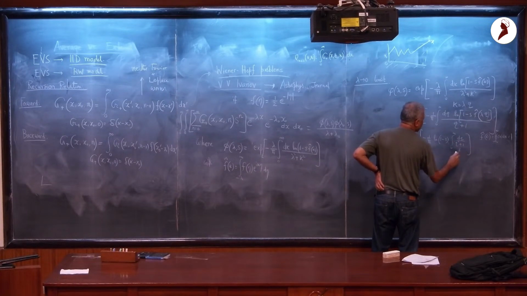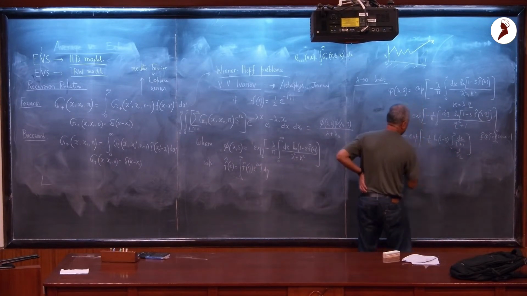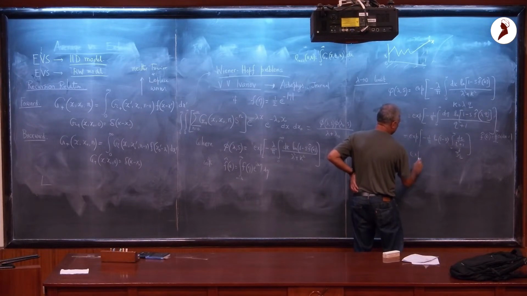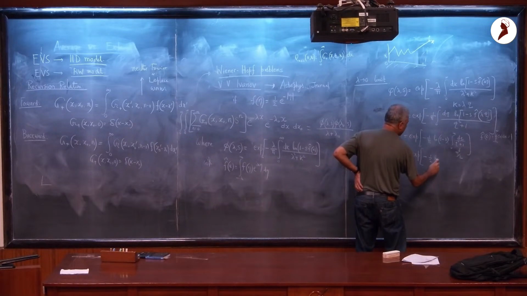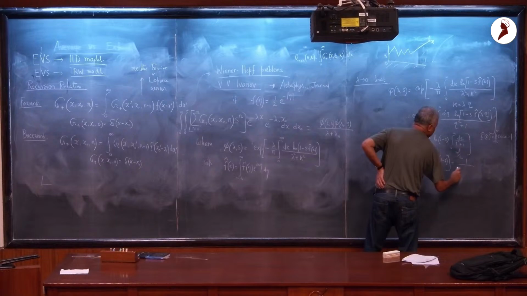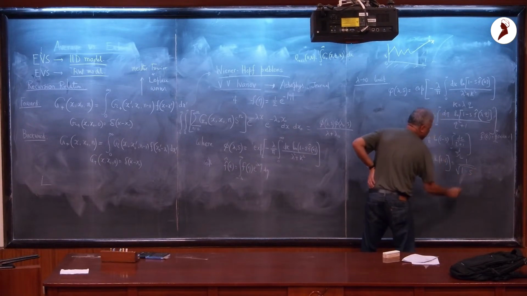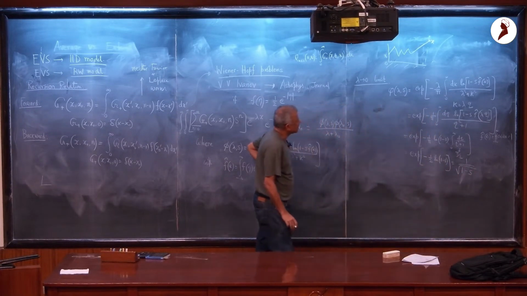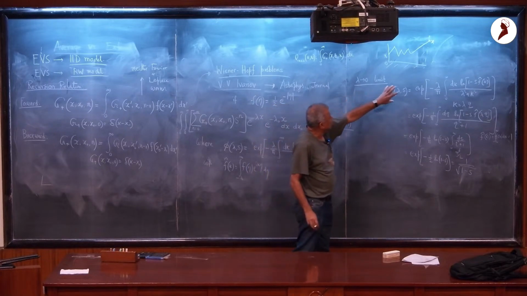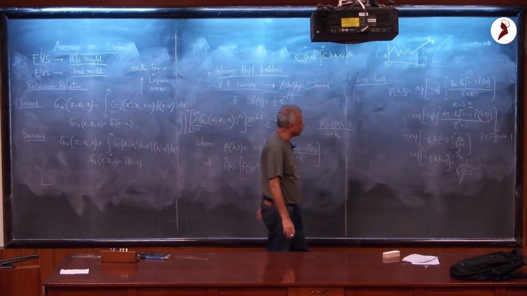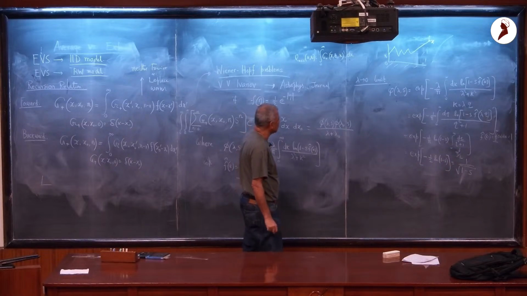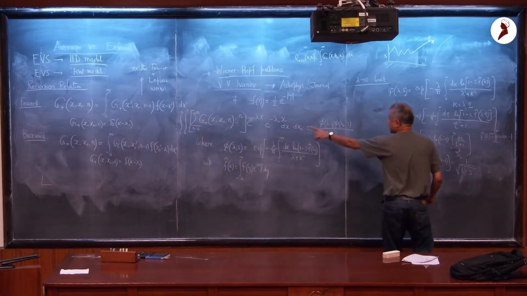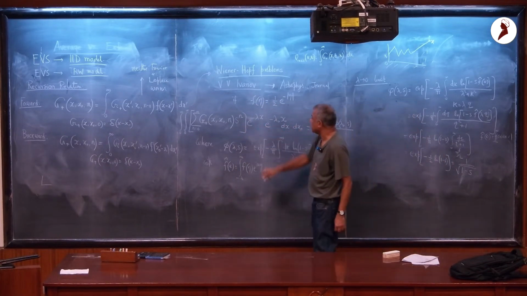But this integral is pi by 2. So pi cancels, and what you get is half log 1 minus s. So this is exactly 1 over square root of 1 minus s. So lambda goes to 0 limit of this function is simply 1 over square root of 1 minus s. All right, so let's take this lambda goes to 0 limit on both sides.